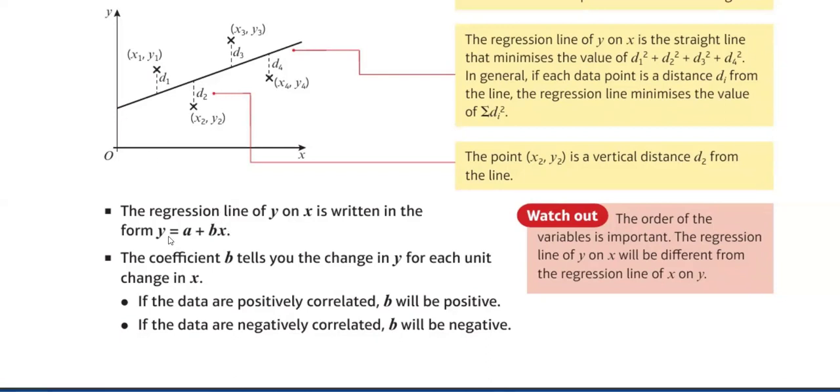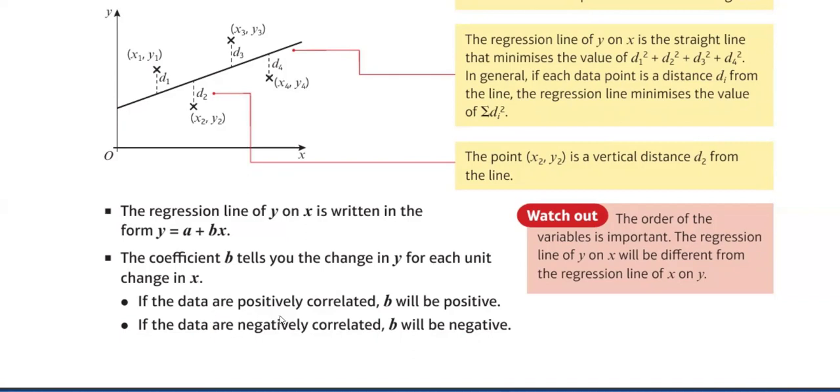Normally, a line we can write as y equals mx plus c. That means y equals a plus bx. b is the gradient, a is the intercept. Then we have to find a and b using these basic data. The coefficient b tells you the change in y for each unit in x.